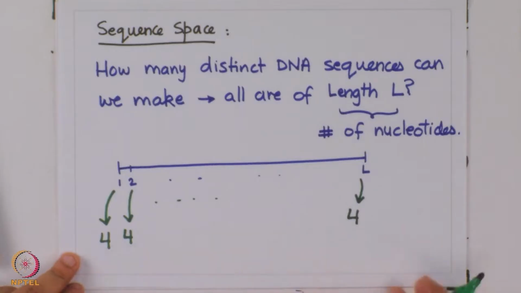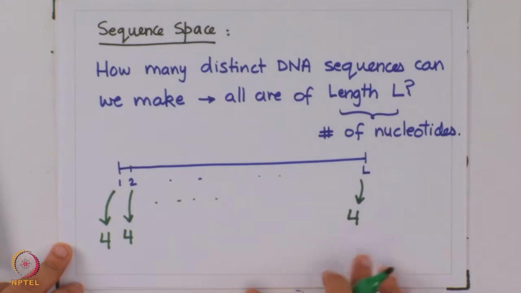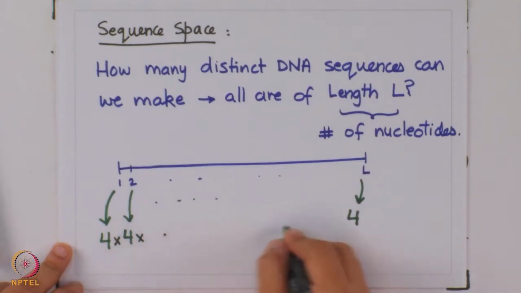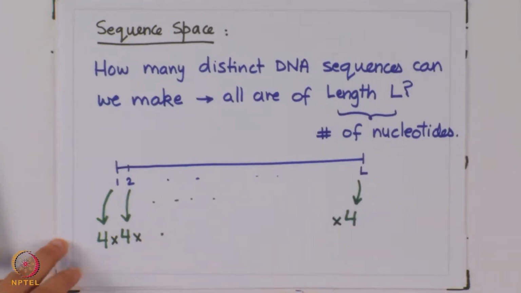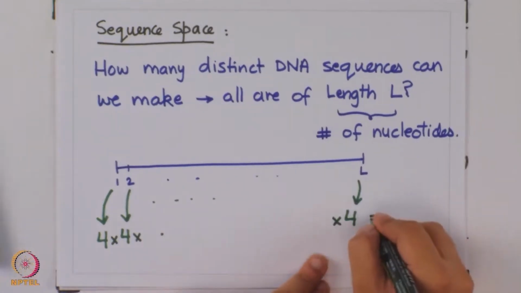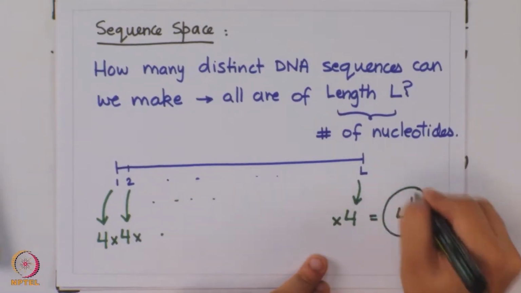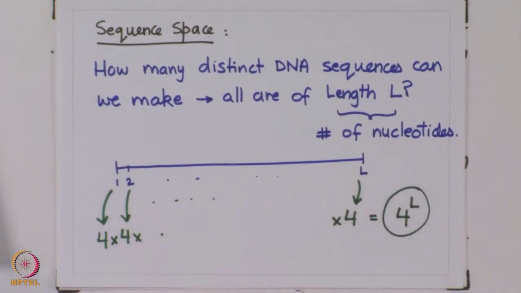So, the total number of distinct DNA sequences that I can make which are of length L is 4 times 4 times 4, going all the way doing this L times. So, this is equal to 4 to the power L. So, if an organism's genome is of length L, there are 4 to the power L sequences which are of the same length, made from the 4 nucleotides.